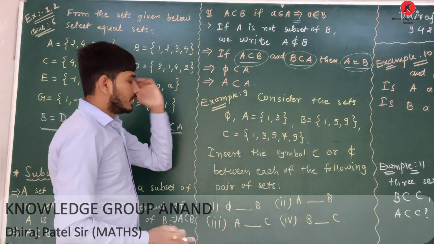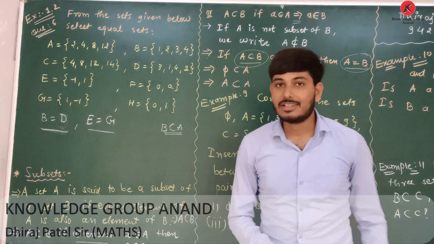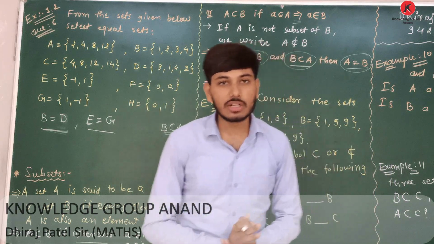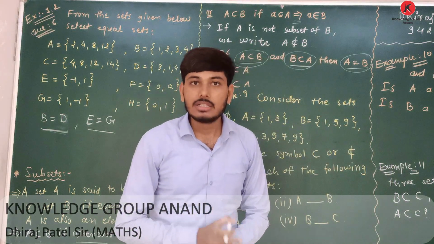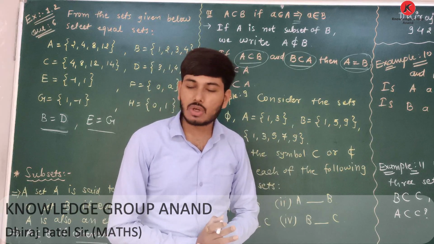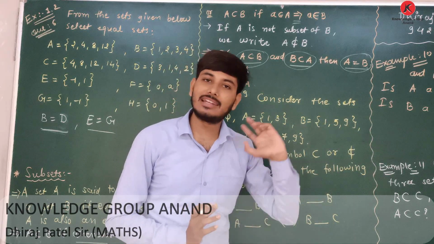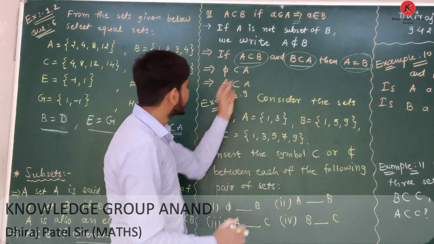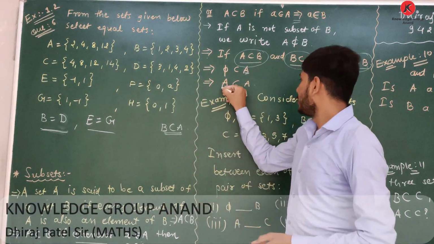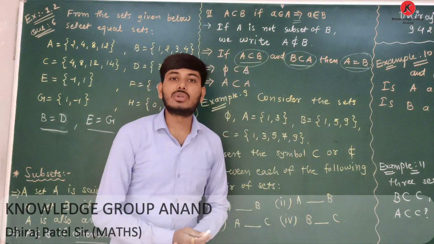Now, the important properties for subsets. The first one is the null set. The null set has no element, or it is the set which does not contain any element. Therefore, we can say that the null set is a subset of any set. Null set is a subset of set A. And suppose set A equals {1, 2, 3}.